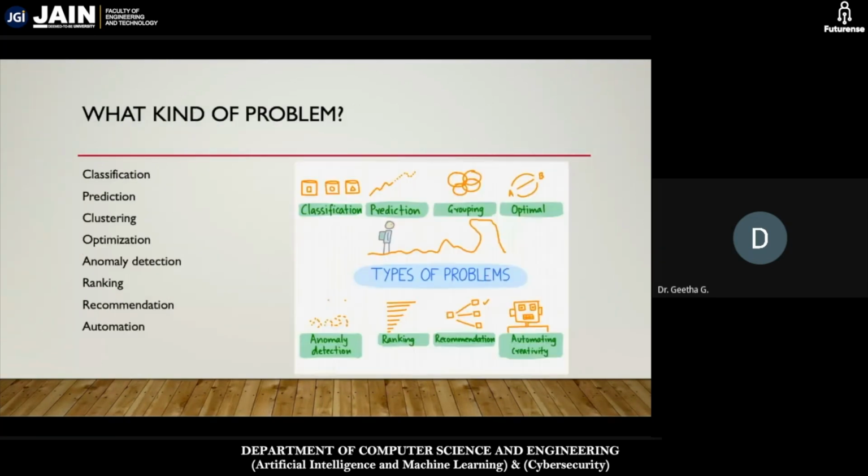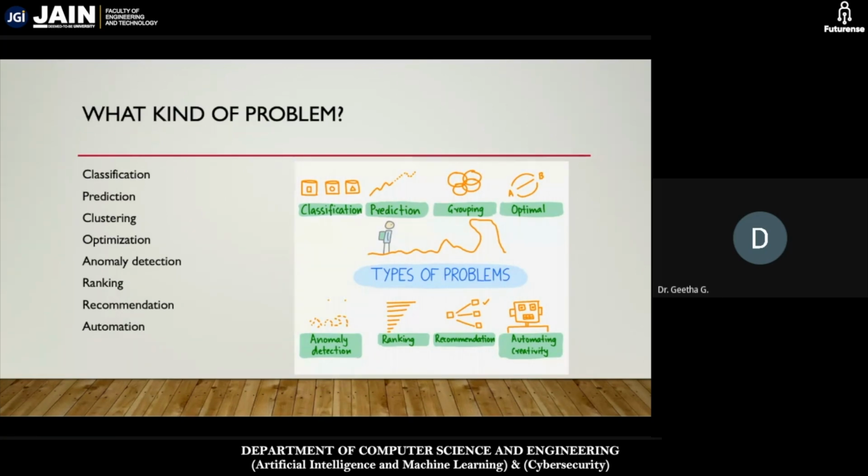So you can categorize your problem into any of these: classification, prediction, clustering, optimization, anomaly detection, ranking, recommendation, or automation. When I say automation, it is creative automation. So you can identify a problem and the problem could be classified into any one of these categories.